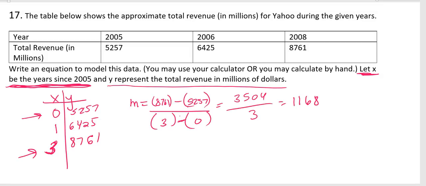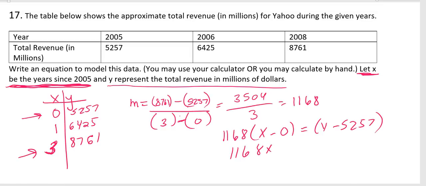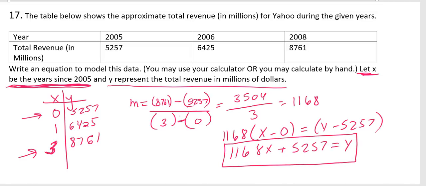I get that the slope is 1,168. Now, if I want to use my point slope formula, I can say 1168 times x minus 0 is equal to y minus 5257, and I can solve easily for my slope-intercept form of my equation, and I'm left with 1,168x plus 5257 is equal to y.